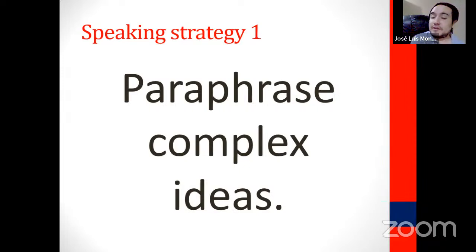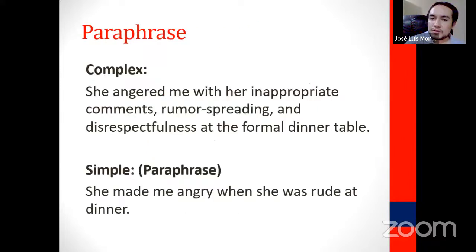So the first strategy, of course, is paraphrasing. Again, not reading, not trying to remember specific words or memorizing things, but paraphrasing, saying everything in your own words. All right, this is an example: she angered me with her inappropriate comments, rumor spreading, and disrespectfulness at the formal dinner table.